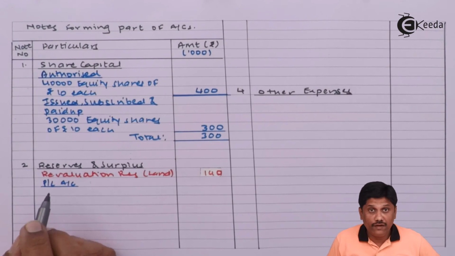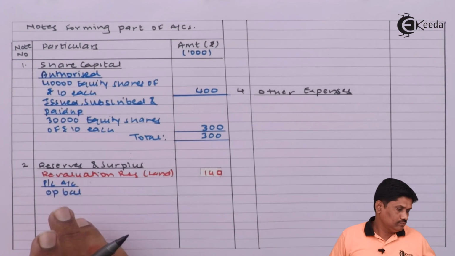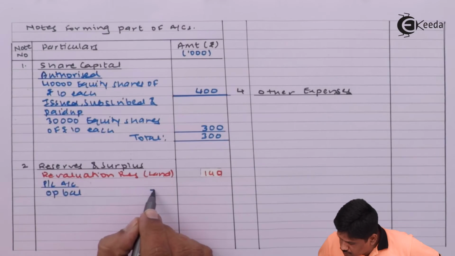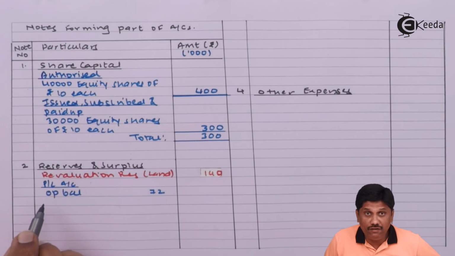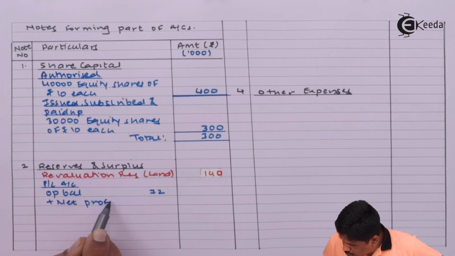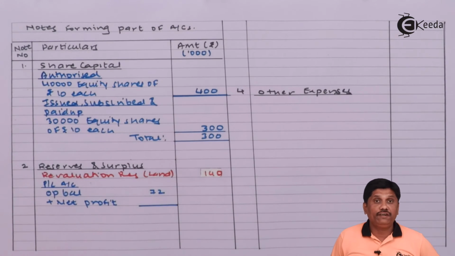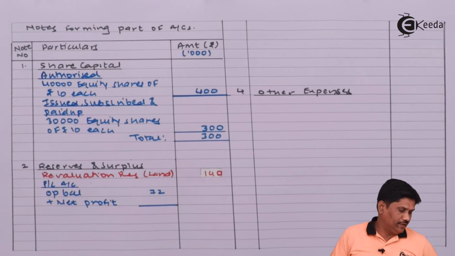Here in the first line I will write the opening balance of the P&L account, 72. To that I will add the net profit for the year, that I don't know at the minute. From whatever total comes, firstly, in your trial balance they gave you interim dividend.